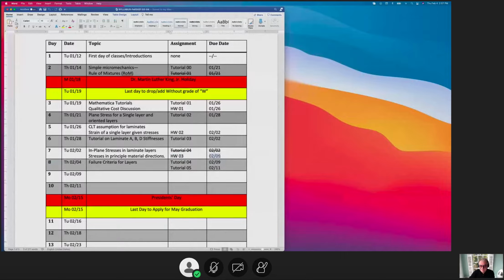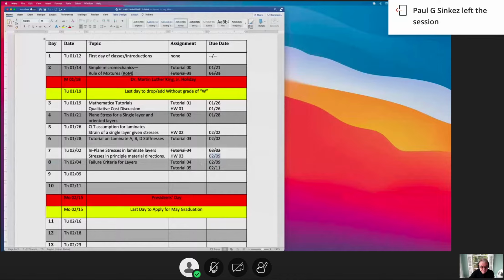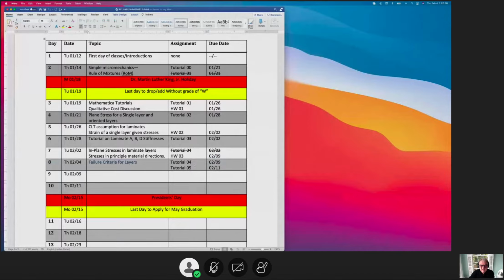And that's when the next homework problem is due, which is homework 3, also due on next Tuesday. What we're going to be doing today is the failure criteria lecture, and I put tutorial 4 again here and tutorial 5. I'm going to jump into tutorial 5 today, and then doing tutorial 4 for you guys will be easier.